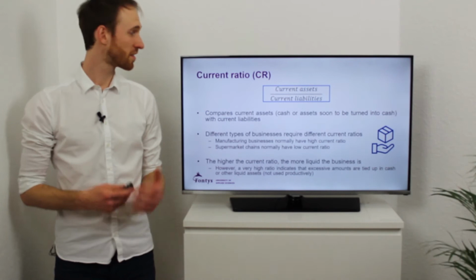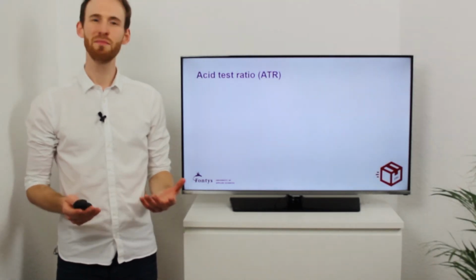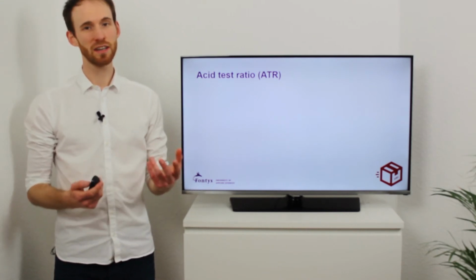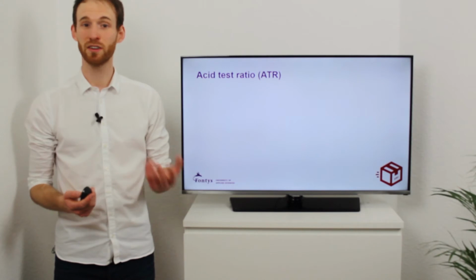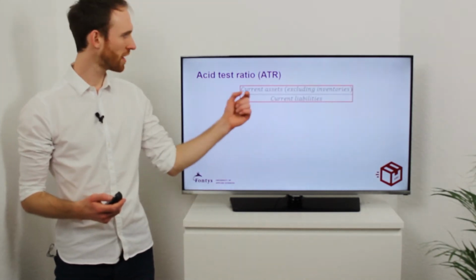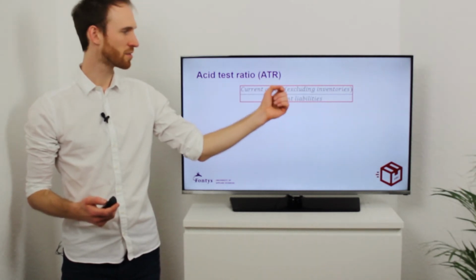So now that we discussed the current ratio, we're going to move on to the acid test ratio. The name sounds a bit strange or maybe complicated, but it's basically the same ratio as the current ratio, with just one minor change. You can see the current assets are still divided by the current liabilities, but inventories are subtracted.